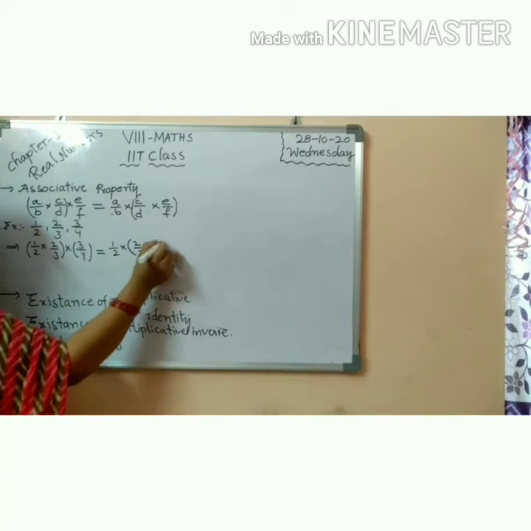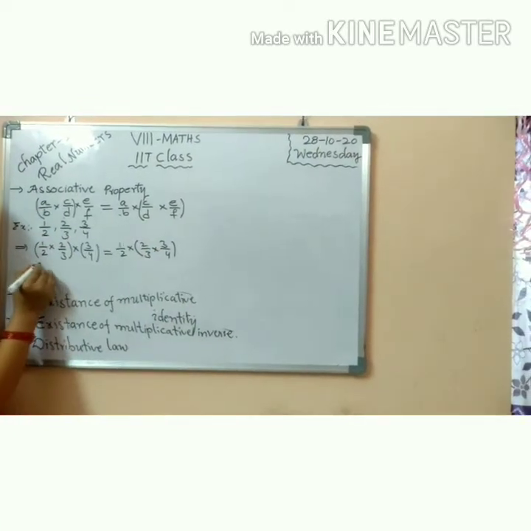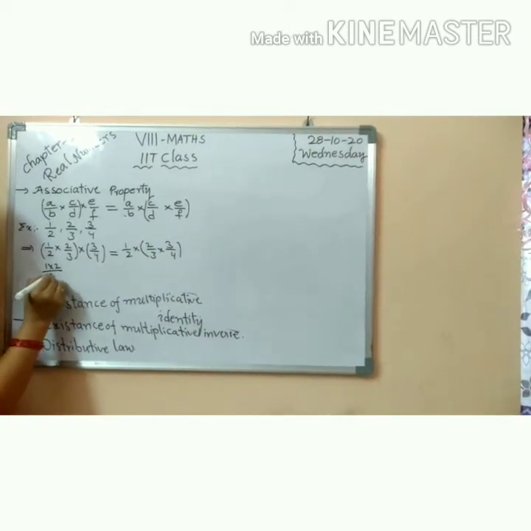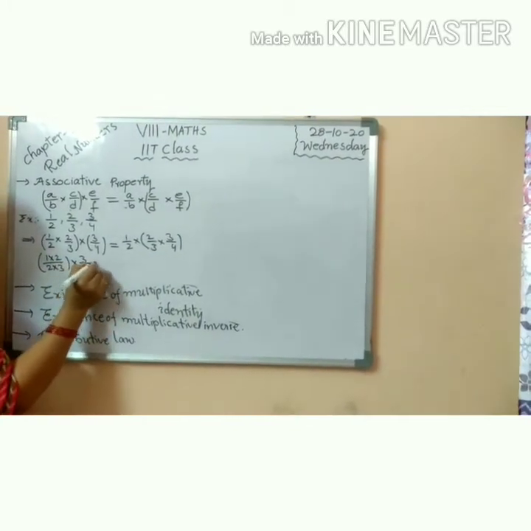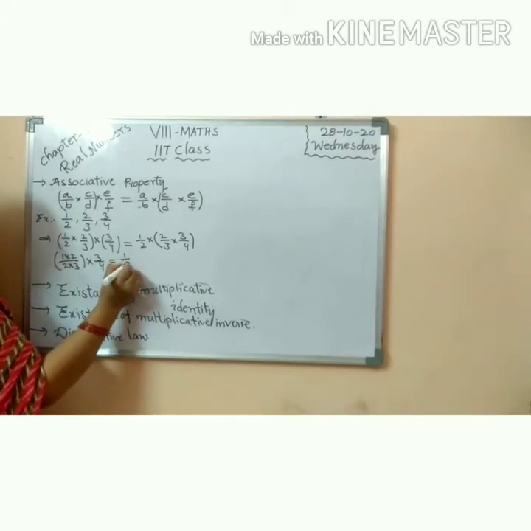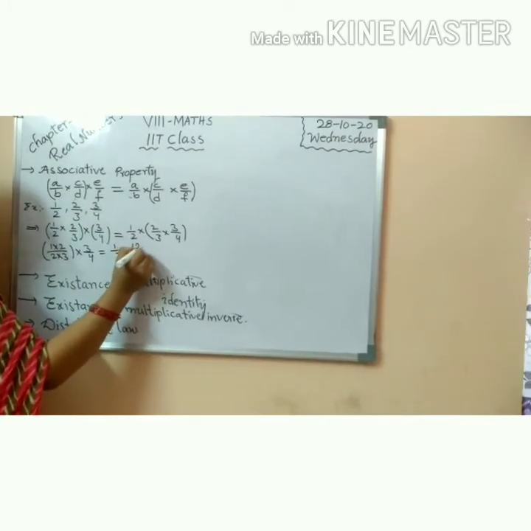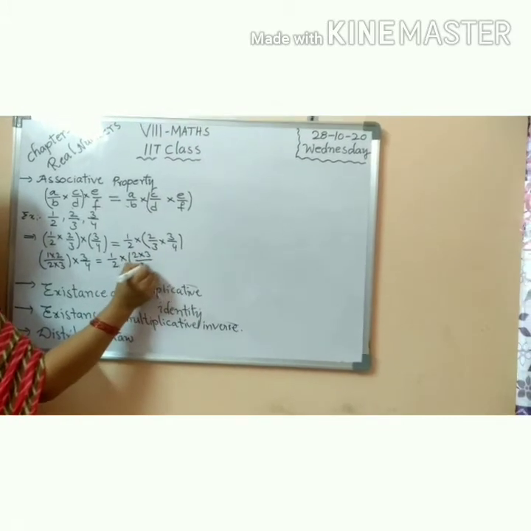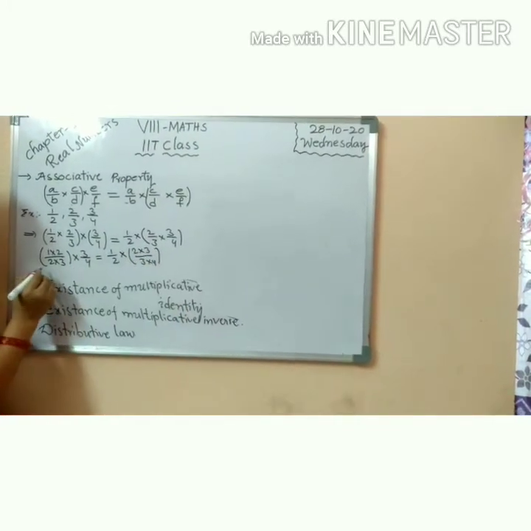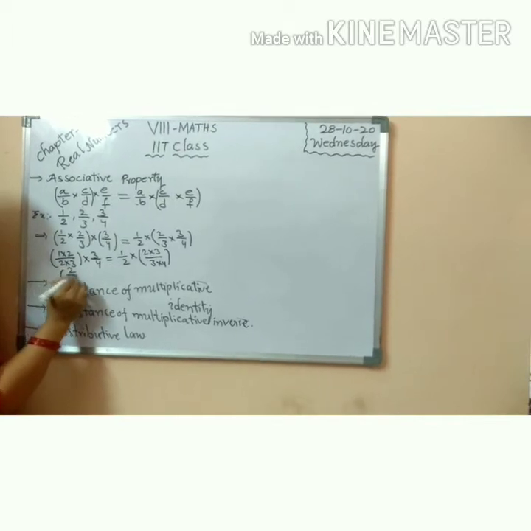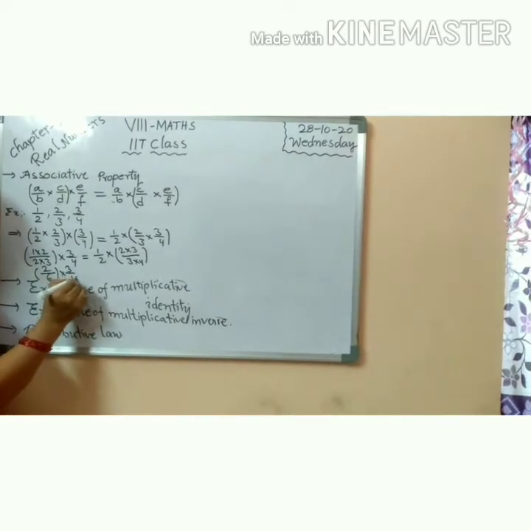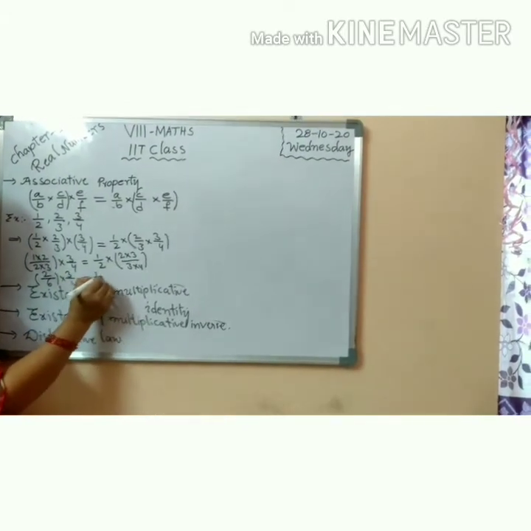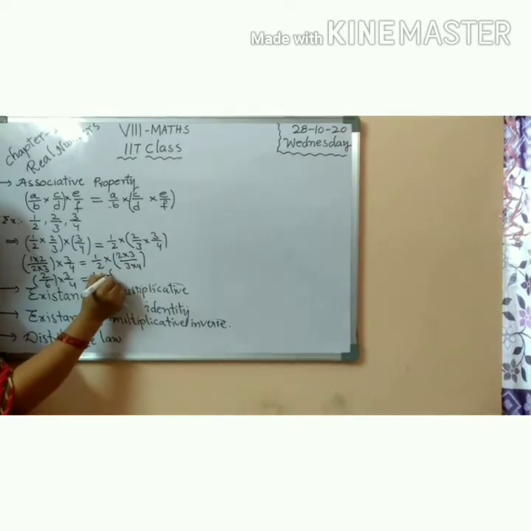So here 1 into 2 by 2 into 3 into 3 by 4 is equal to 1 by 2 into 2 into 3 by 3 into 4. So in this case, 2 ones are 2 by 2 threes are 6 into 3 by 4, and 2 threes are 6 by 3 fours are 12.